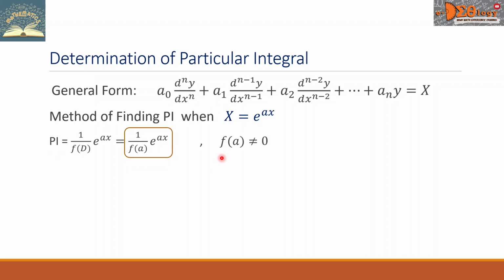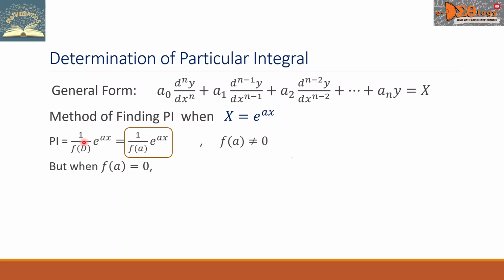This is now the value of PI. But it must be that f of a is not equal to 0. In some problems, f of a equals 0. In that case, we will proceed with the next formula, and that is we multiply this value by x.